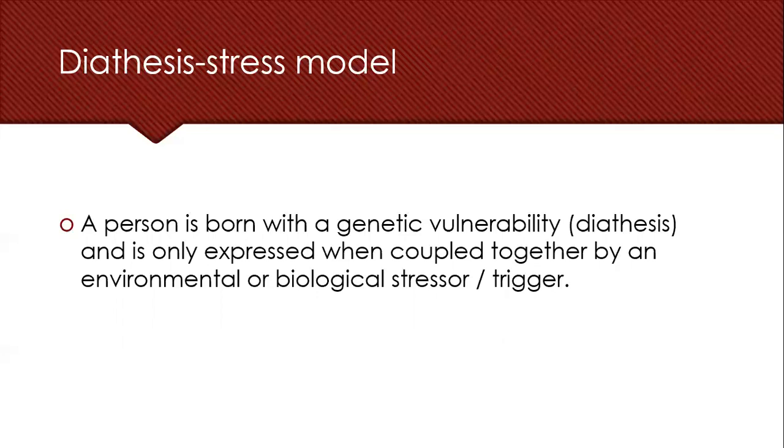So there is a genetic vulnerability, but there's an environmental or even a biological trigger that causes stress to the body that activates that genetic vulnerability, which will then affect the person's behavior.